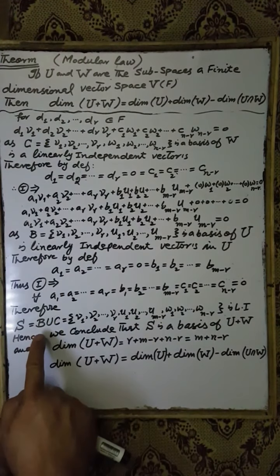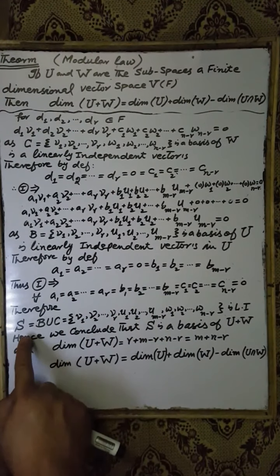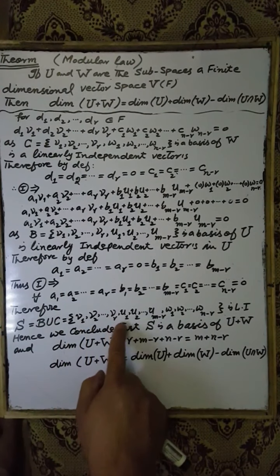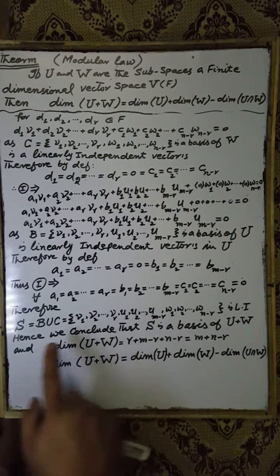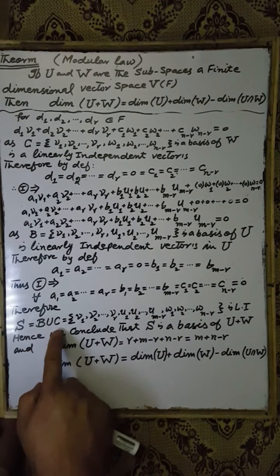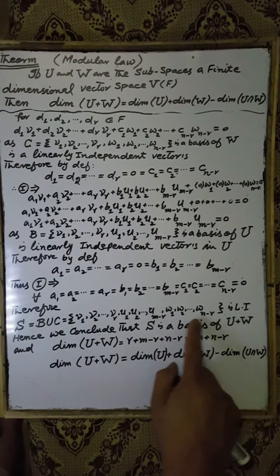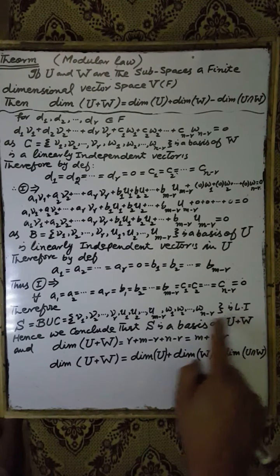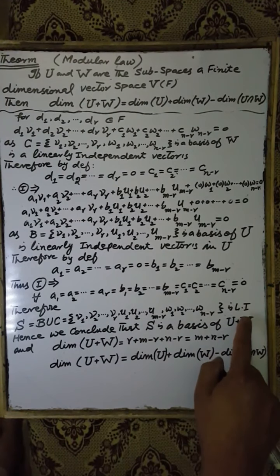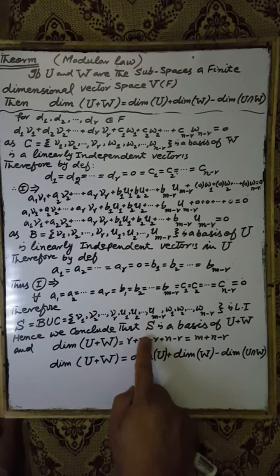That is, in equation first the elements v1, v2, vr, u1 up to u(m minus r), w1 up to w(n minus r) are the elements of the set S obtained from B union C, which is a linearly independent subset. These vectors are linearly independent vectors of the subspace U plus W of the vector space V over the field F, and we conclude that the set S is a basis of U plus W.